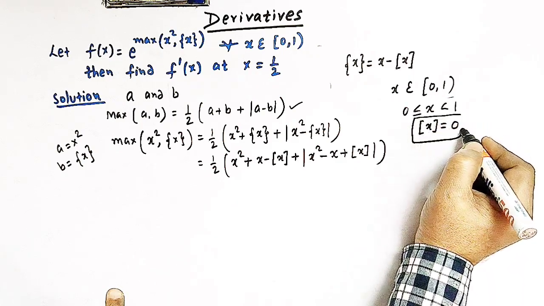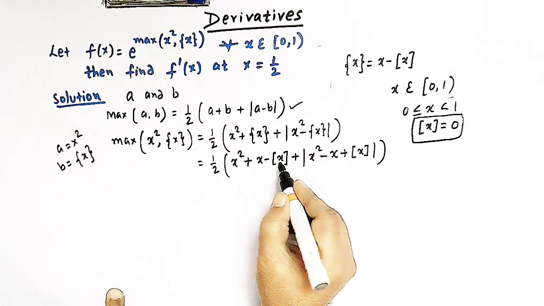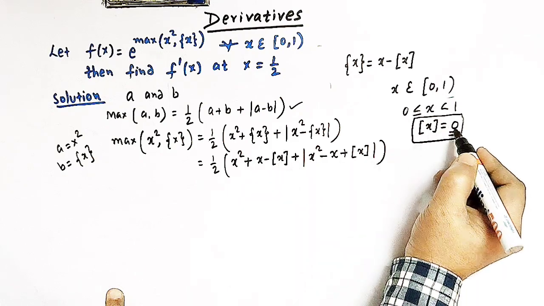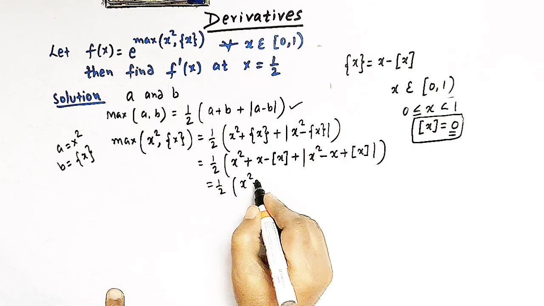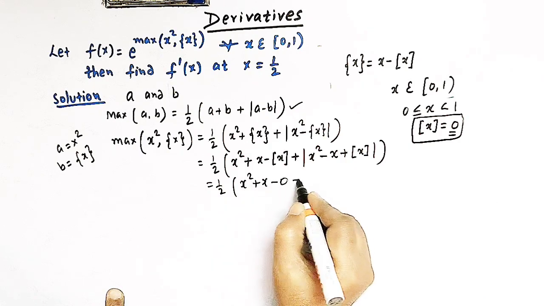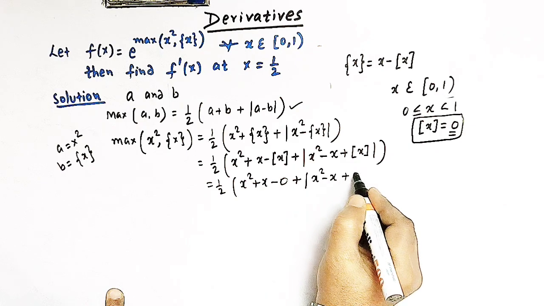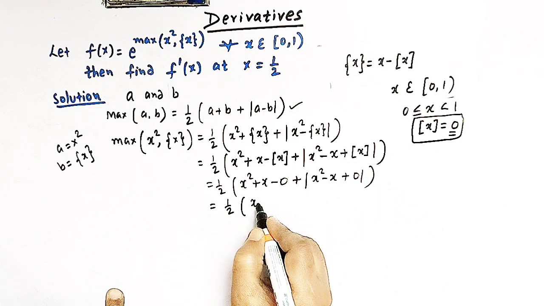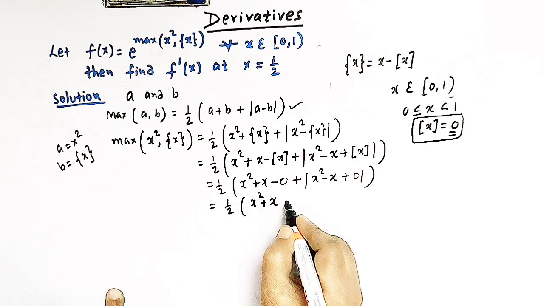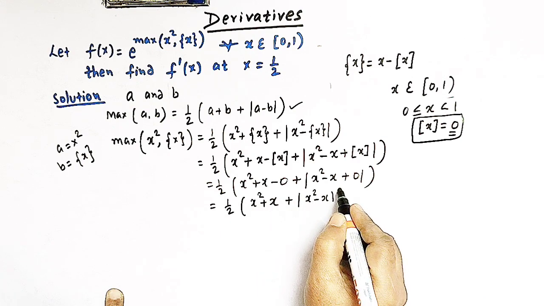So this is an important step here. Replacing the greatest integer of x by 0, we have half, then we can write x square plus x minus 0 plus mod of x square minus x plus 0, and we can now write half of x square plus x plus mod of x square minus x.